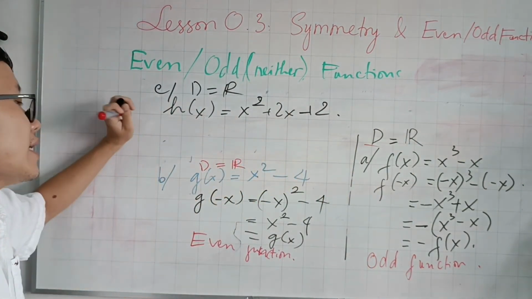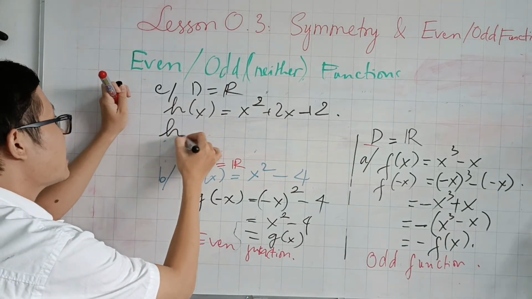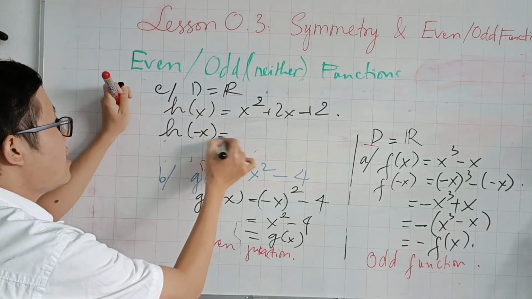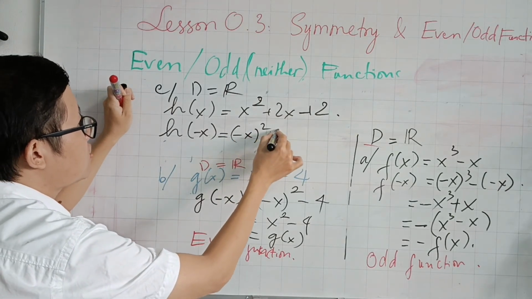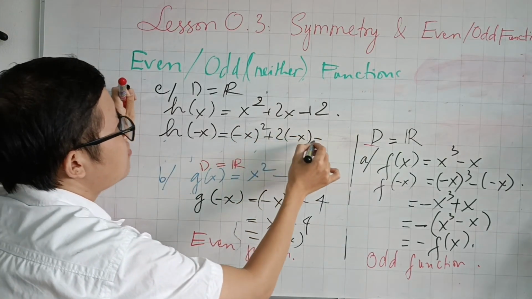So we're replacing x with negative x. We have h(-x) equals negative x squared plus 2 times negative x plus 2.